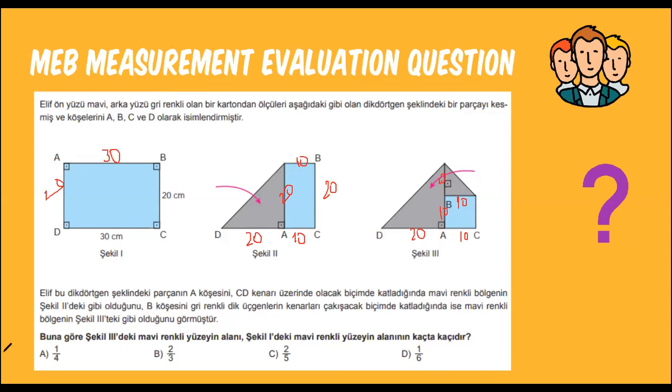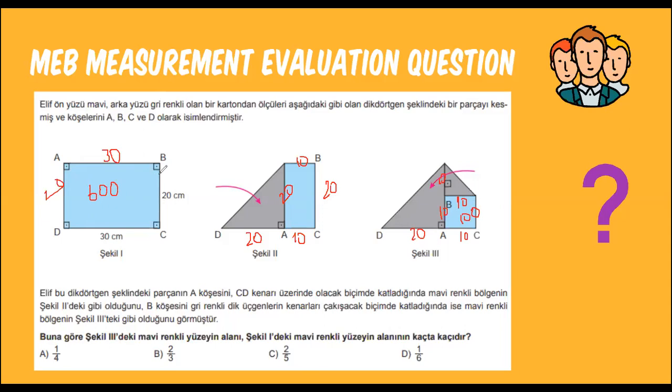Yes. In this question, we can find the area of the blue regions. This and this. These are 10 times 10 is 100 square from the area of square. This area, 30 times 20 is equal to 600.